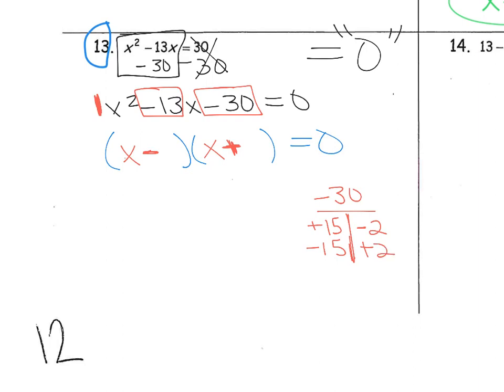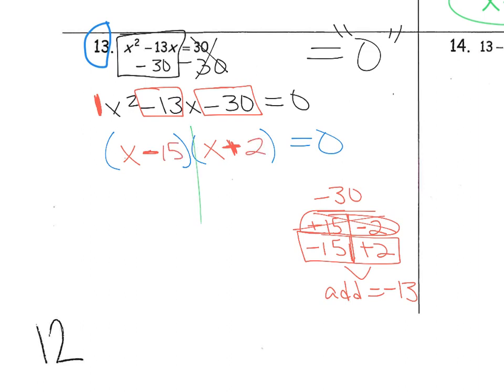Well, 15 times -2 is -30. Add them together, and that's, ooh, shoot. That's not -13, so that's out. Let's try the next one. -15 times 2 is -30. Add them together. Bingo. They equal -13. So we have -15 and +2. Again, T-chart and solve for the roots.